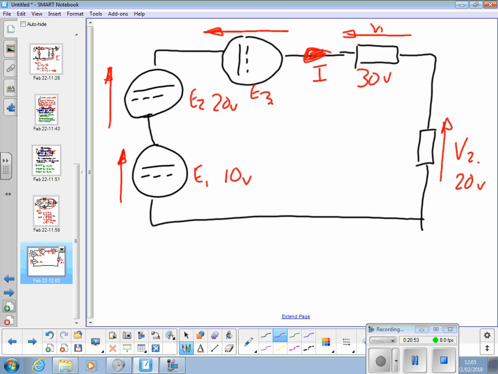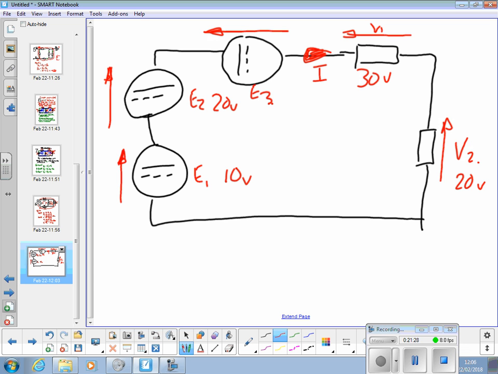Again, if you weren't sure about voltage arrows, if you get a negative voltage, then you put the voltage on the wrong way. The unknown here is E3.